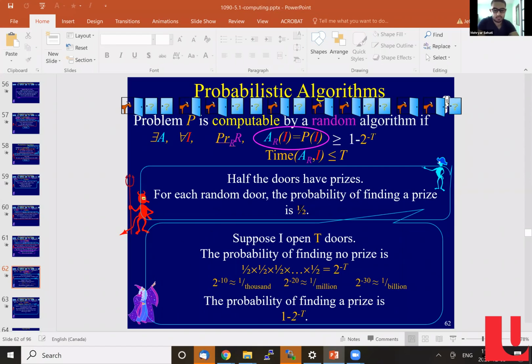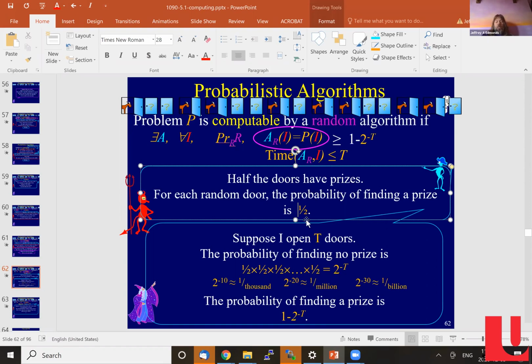Let's say that I put one prize, and every 7 doors has a prize. So the probability I find a prize is 1 over 7. What's the probability I don't find a prize?